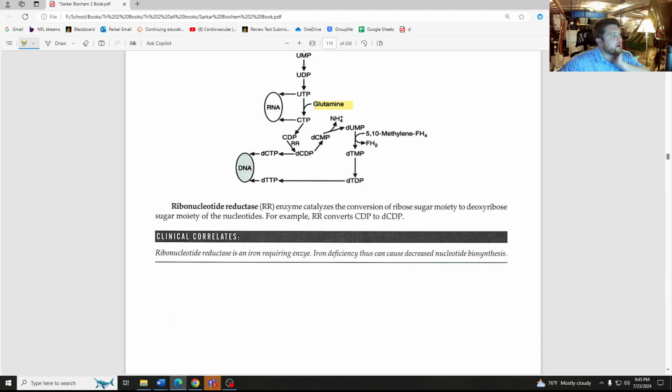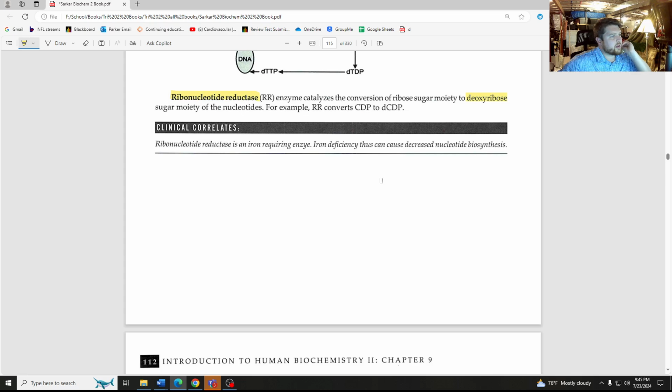Okay, ribonucleotide reductase. Again, we saw that one before. This enzyme catalyzes the conversion of the ribose sugar moiety to the deoxyribose, so converting the CDP to dCDP. So again, this is also iron, because we saw earlier that ribonucleotide reductase is an iron-requiring enzyme. If we're low on iron, it can also decrease our nucleotide biosynthesis.